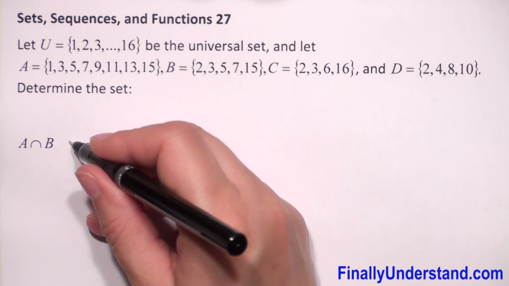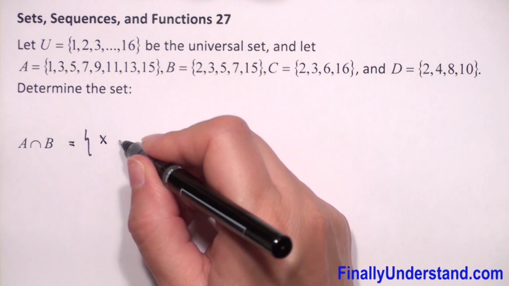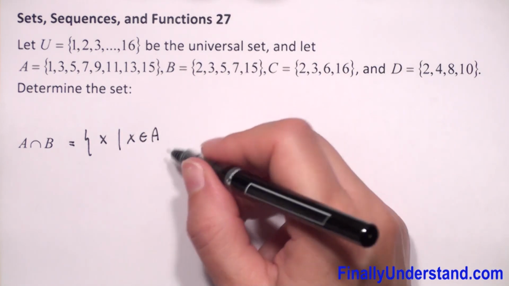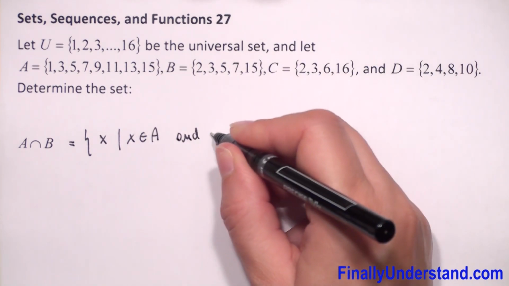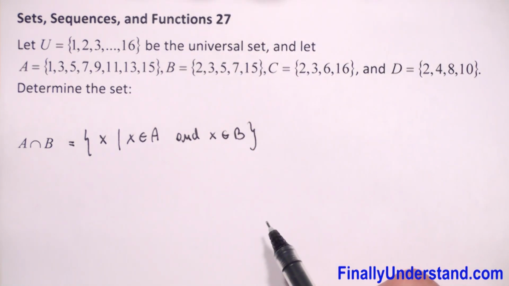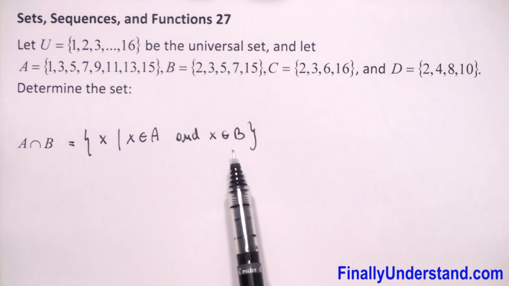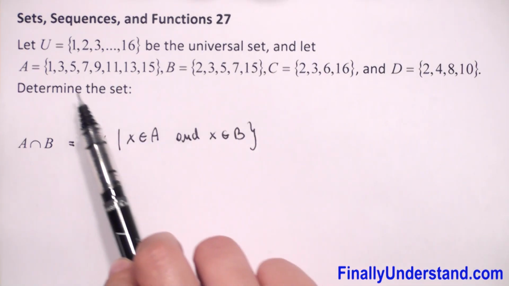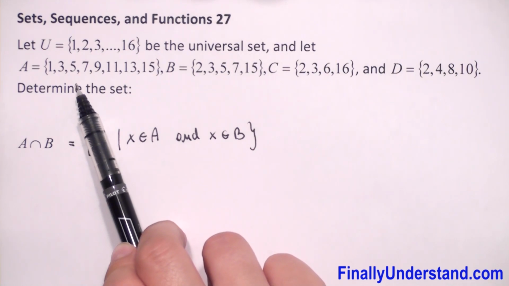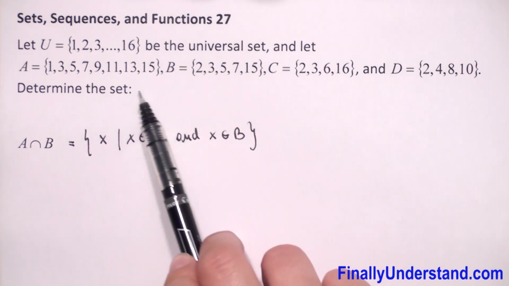So we can write the definition first. It is all elements X such that X belongs to A and X belongs to B. In other words, we have to check which elements repeat in set A and B. The intersection of sets A and B will be all elements which repeat in set A and B, which elements are the same.